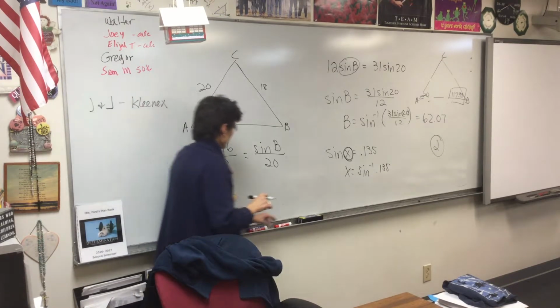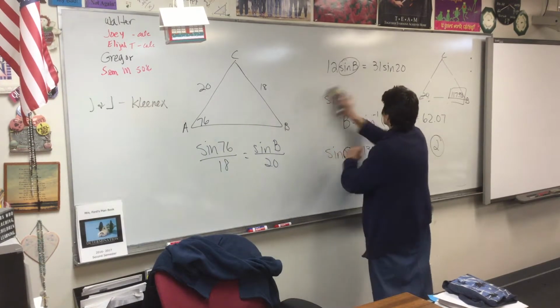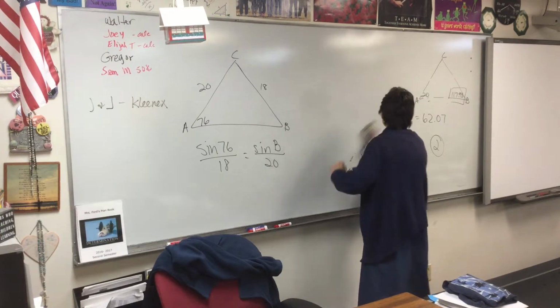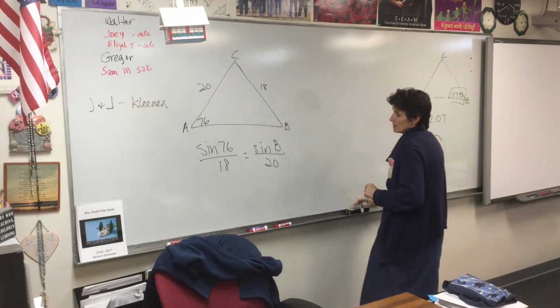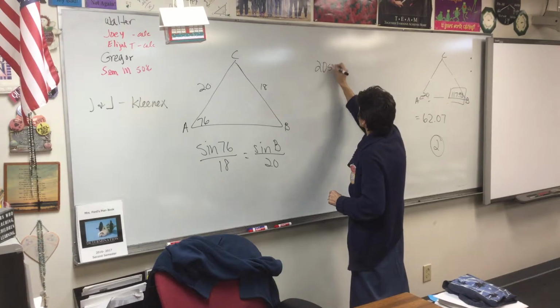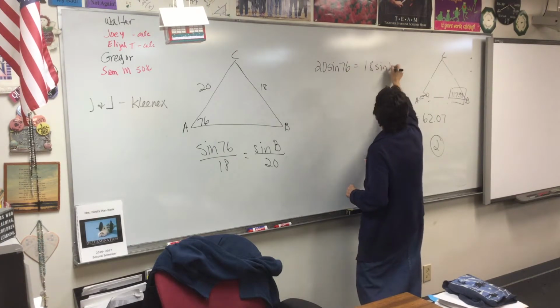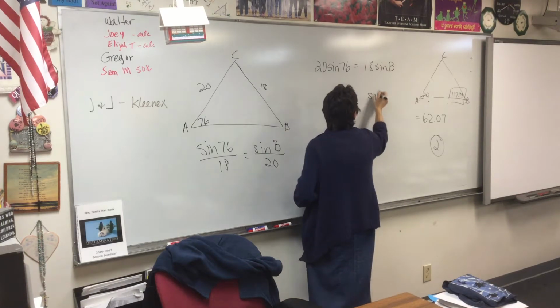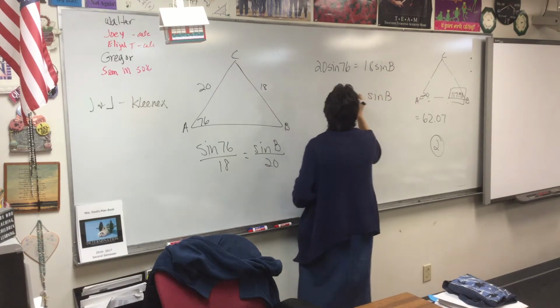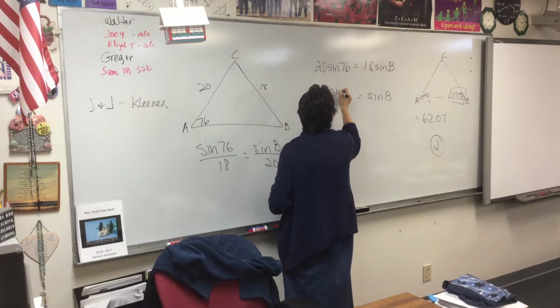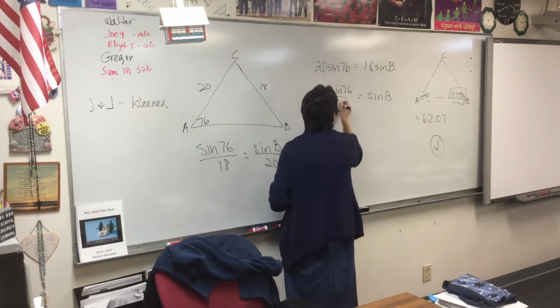So we'll cross multiply. So 20 sine 76 equals 18 sine B. And then we'll divide by 18. Everybody okay with that?